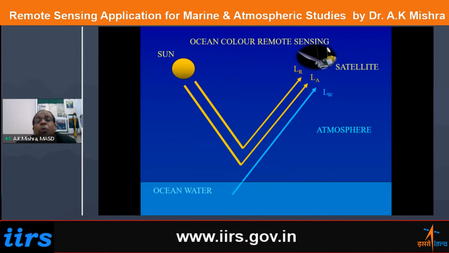So you have to remove LR and LA from the total received energy to get the water leaving radiance, that is LW. This is known as atmospheric correction. In the atmospheric correction part, we are removing LR and LA.